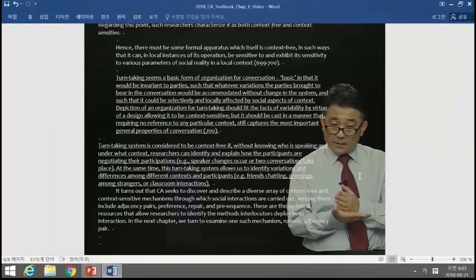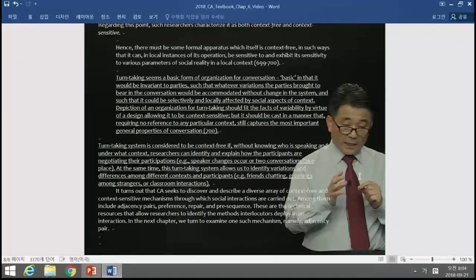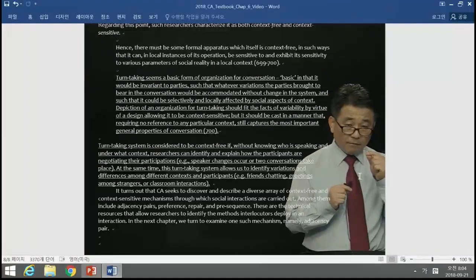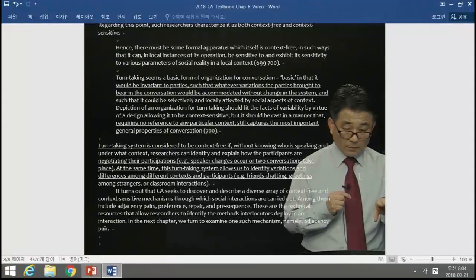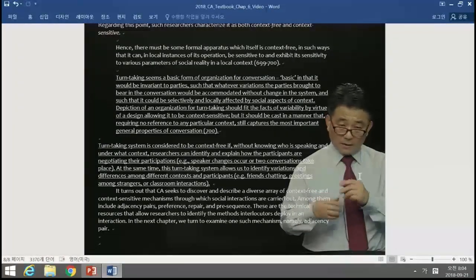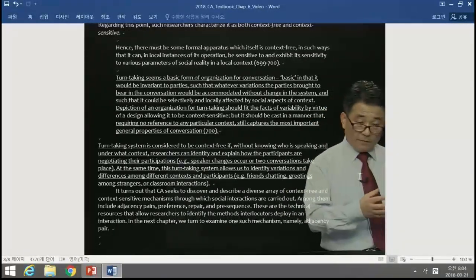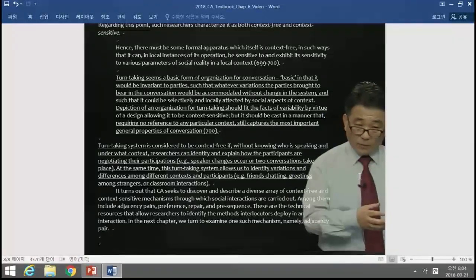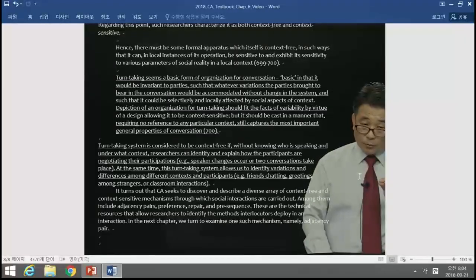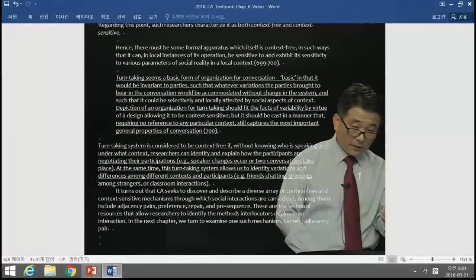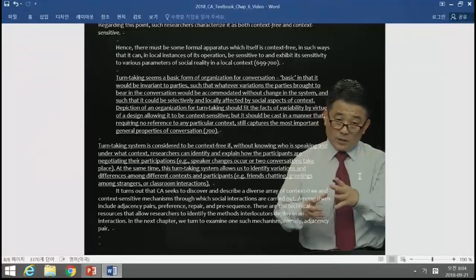At the same time, it is context-sensitive. Using the turn-taking system, we can examine the specific features of a particular setting, a particular conversation. For example, in one conversation among friends, there's a lot of turn-taking and a lot of collaborative work. On the other hand, we may have a very serious conflict between three people in a conversation. Even that conflict, we can identify the nature of it through using the basic turn-taking system.